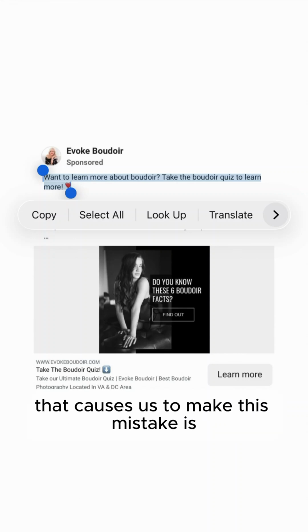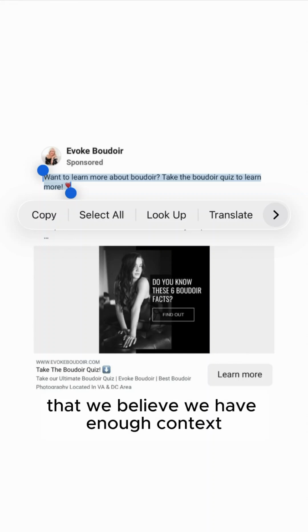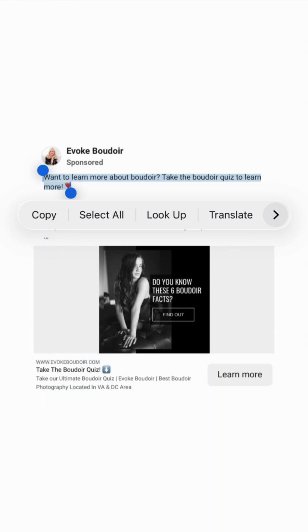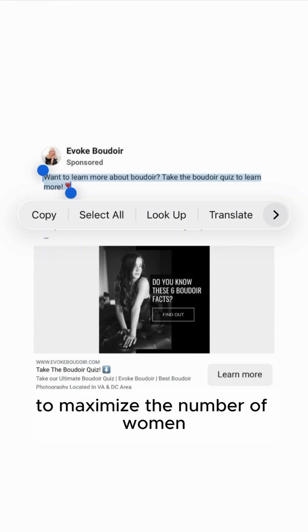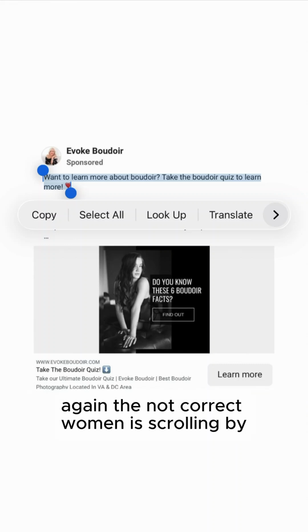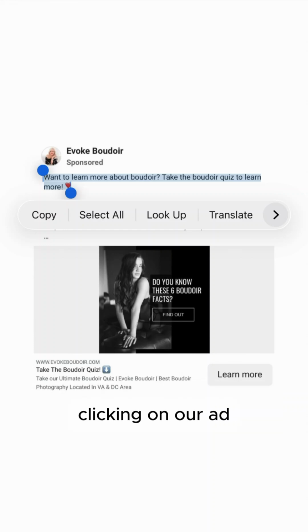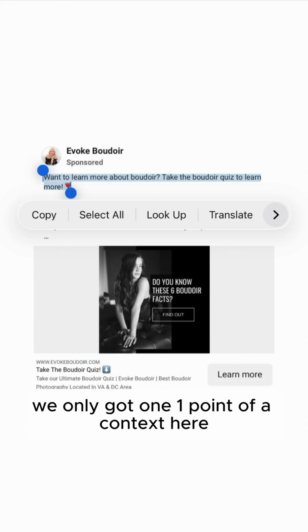So the false belief that causes us to make this mistake is that we believe we have enough context to maximize the number of women, the right women, clicking on our ad. Again, the not correct women to scroll on by, but we're not even maximizing the number of correct women clicking on our ad. We only got one point of context here.